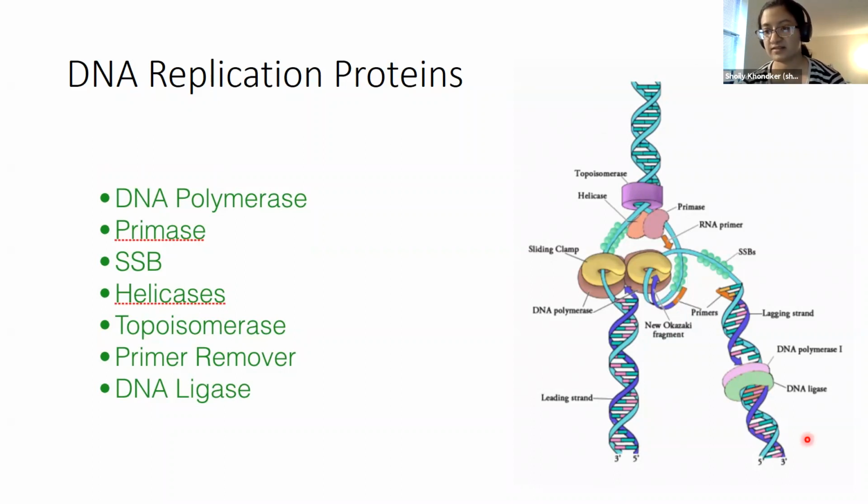The lagging strand, however, is in the opposite orientation, so it can only form short sequences with new primers being added at intervals. So it creates a series of fragmented DNA referred to as Okazaki fragments. You can see here. So once DNA replication is completed, DNA ligase has to anneal the Okazaki fragments together to create a continuous strand of DNA on the lagging strand.